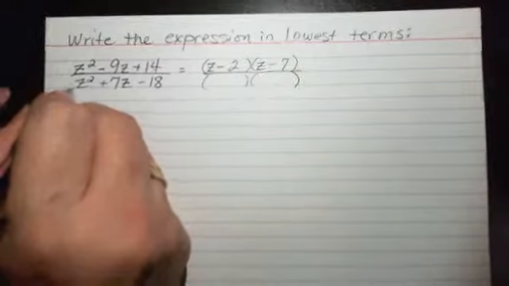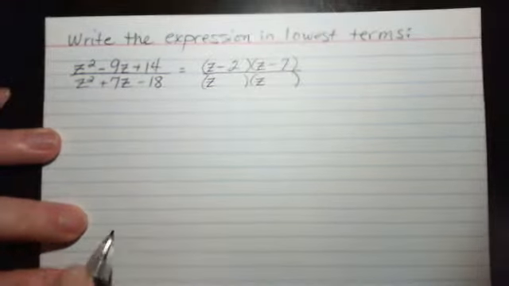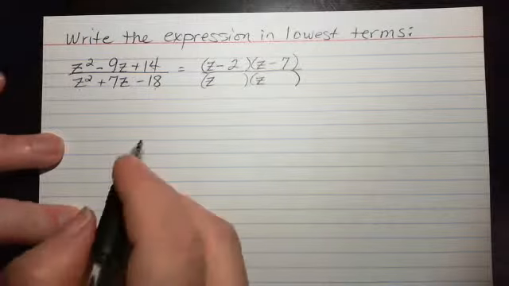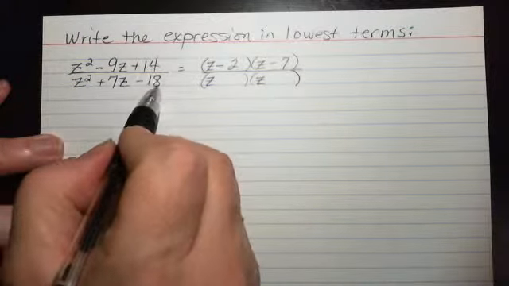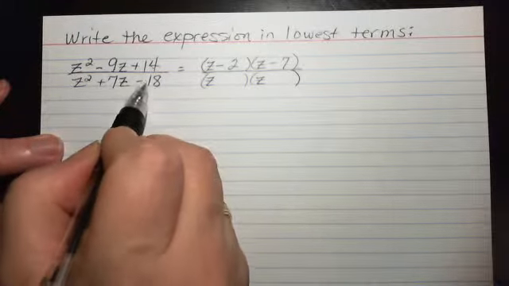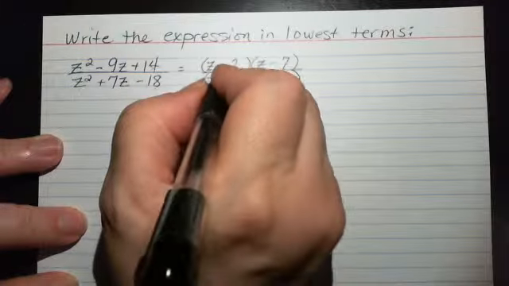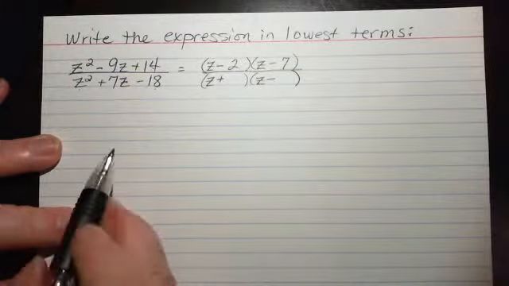Again, since the leading coefficient is 1, let's see if we can guess our way to the correct factors without having to make a table. Alright, so this time we want to multiply for negative 18 and add for positive 7. If we multiply negative, then we have to have one of each sign. Okay, we have to have different signs.